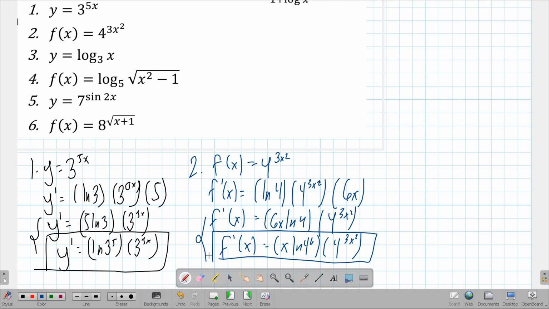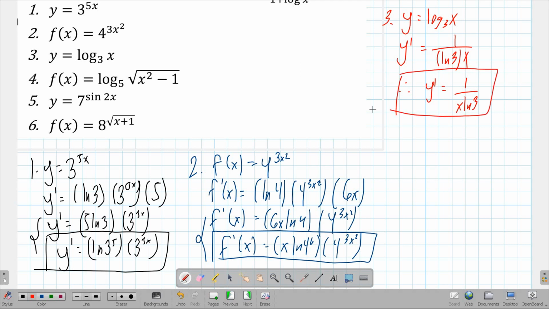If we are to look at general logarithmic functions, for example, in number 3, that will be y is equal to the logarithm to the base 3 of x. So y prime, according to our rule, would be the derivative of x, which is just 1, over ln 3 times x. So we can rewrite this as y prime is equal to 1 over x ln 3.